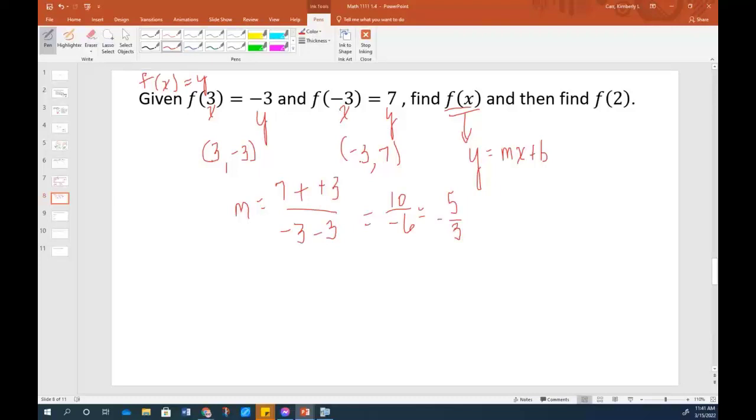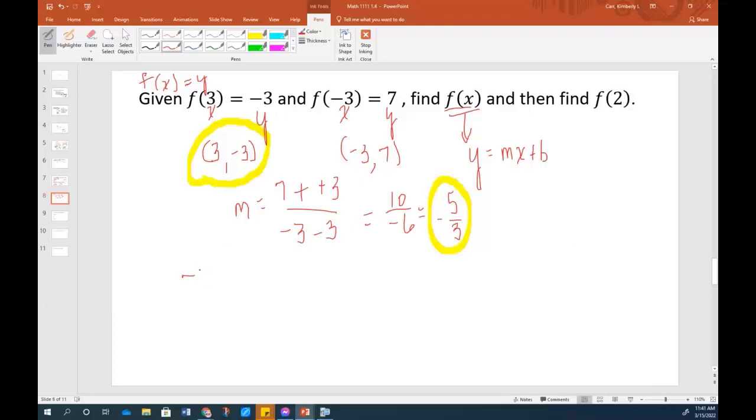Now I can use, remember, this is kind of like one I did before. I'm going to just pick one of my points. So since it doesn't really matter, I'm going to pick this very first point. So I'm going to use this xy value with that slope and work on writing my equation.